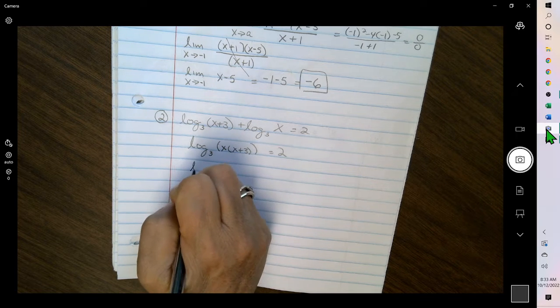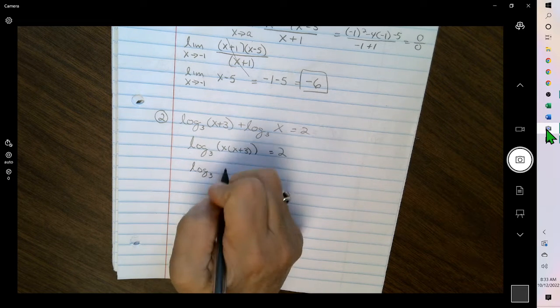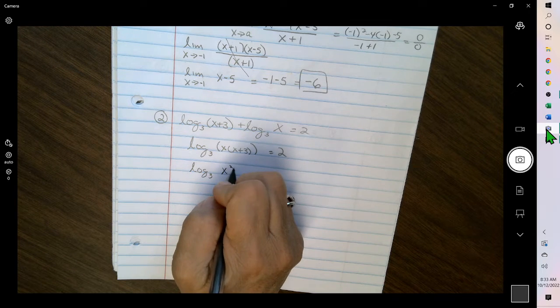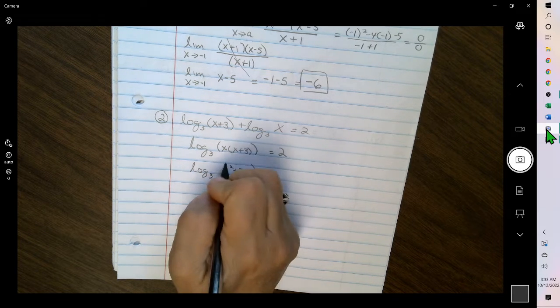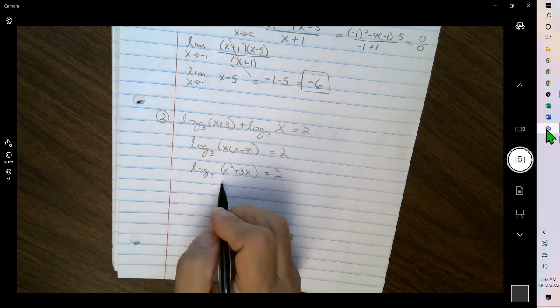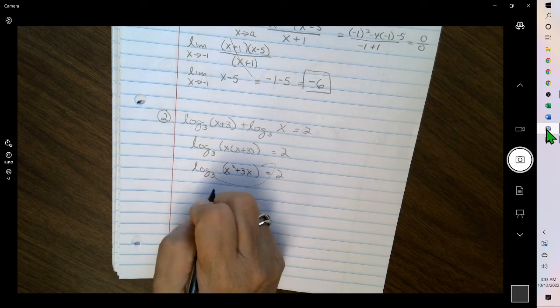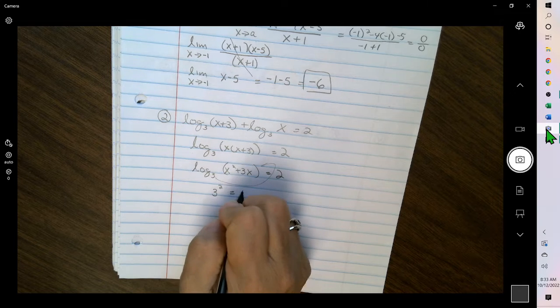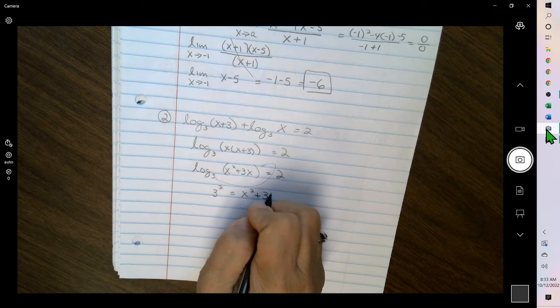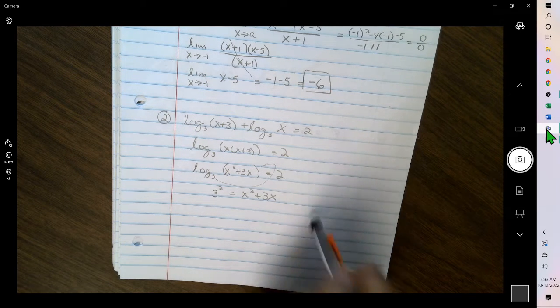I'm going to distribute that first. So we have x squared plus 3x. Then we can rewrite it. Start with your base and loop around. 3 squared equals x squared plus 3x. This is a 2.